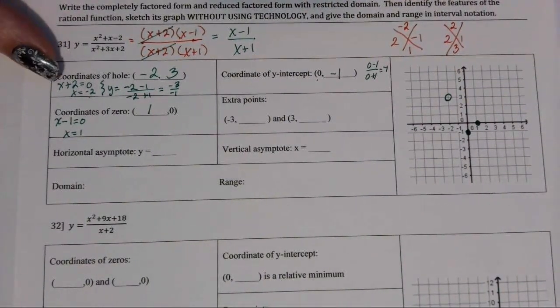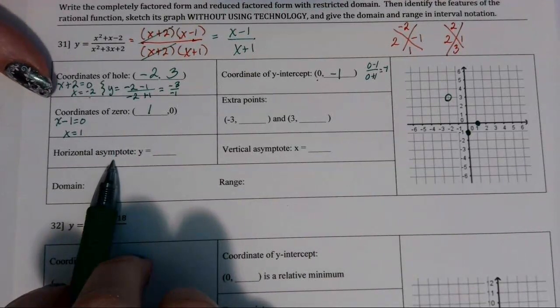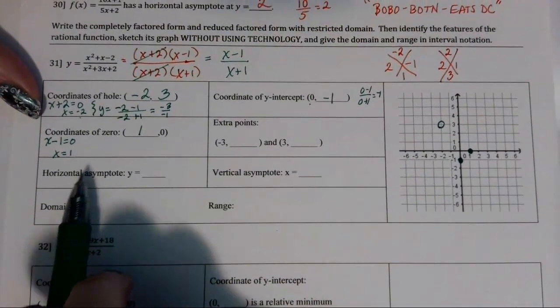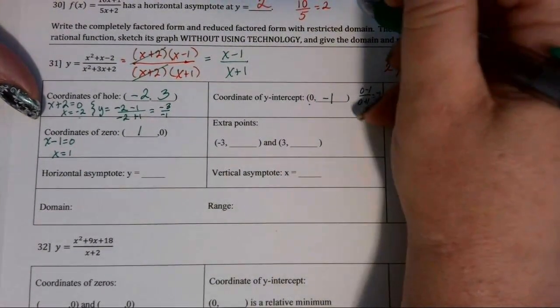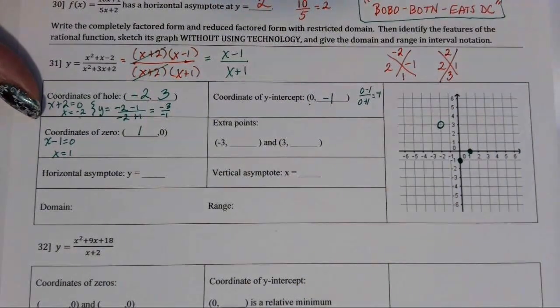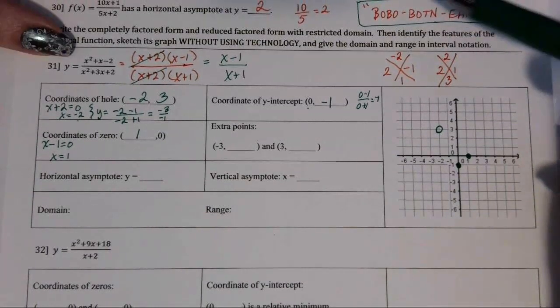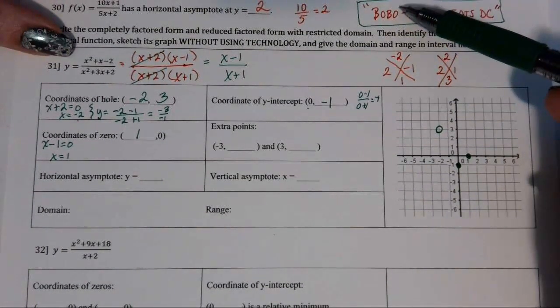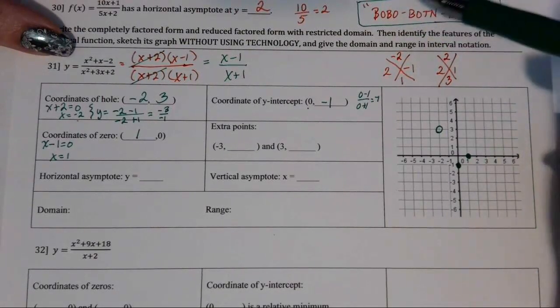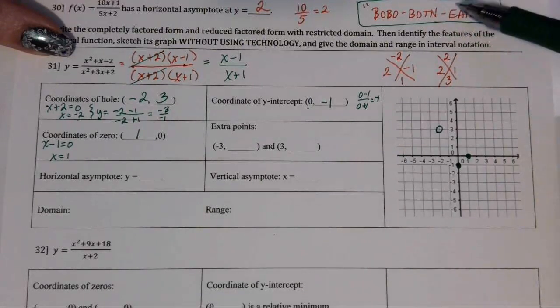Then to find the horizontal asymptote equation, if we remember BOBO BOTTEN EATS DC, that's our acronym for horizontal asymptotes. BOBO: bigger on bottom, y equals 0; bigger on top, none, and you would look for oblique.